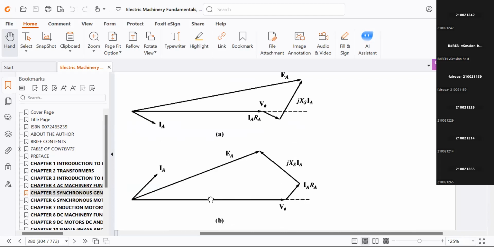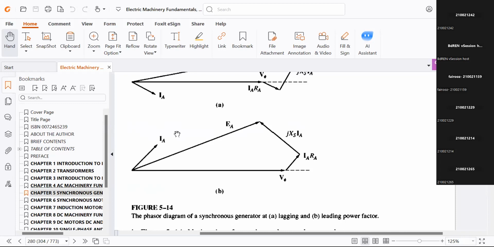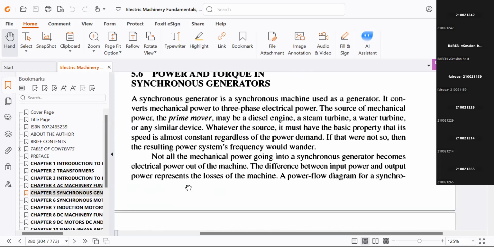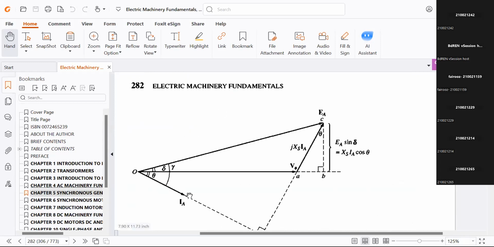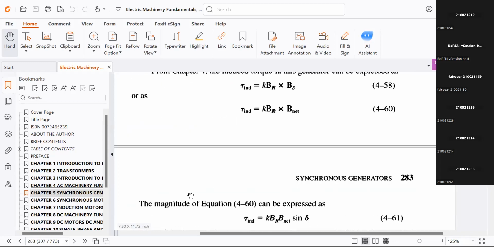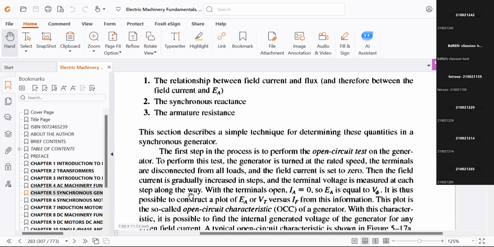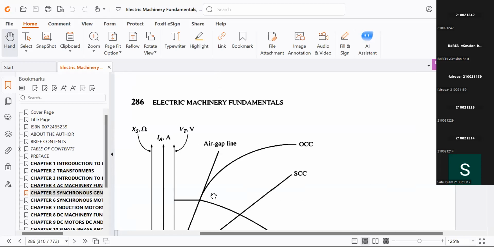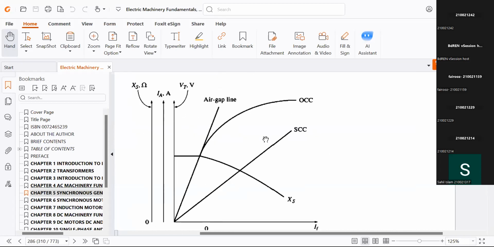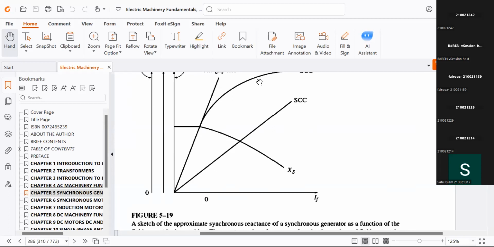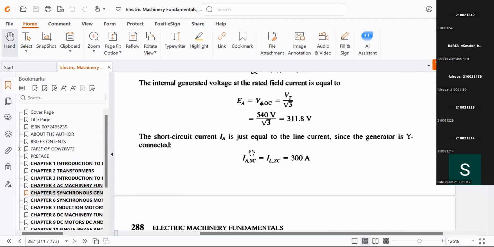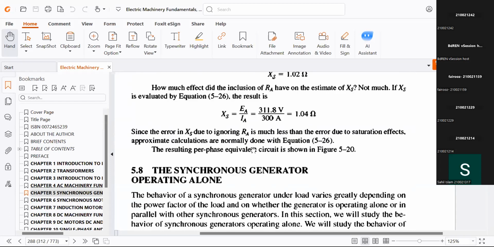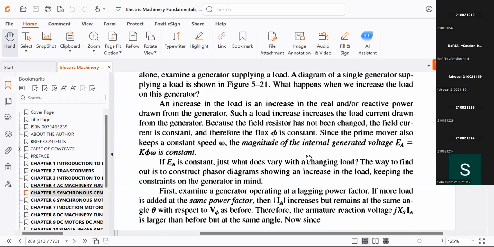This is for capacitive load, where current is leading. And another we have for resistive load that was shown earlier. If we increase different types of load, this is the curve for finding the value of synchronous reactance. You can see this is a single generator connected with a load.